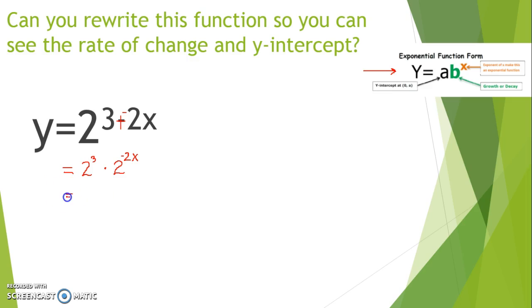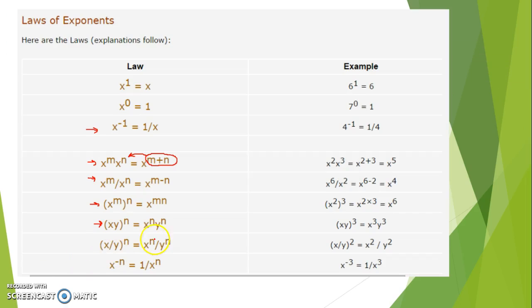And then 2 to the third, well, that's just 8. And you'll notice we have 2 raised to the negative 2x. That's the same as negative 2 times x. So you have 2 exponents being multiplied together. That's having us use this law. We have 2 things being multiplied together. That's a power to a power.